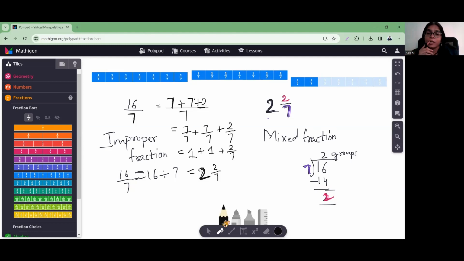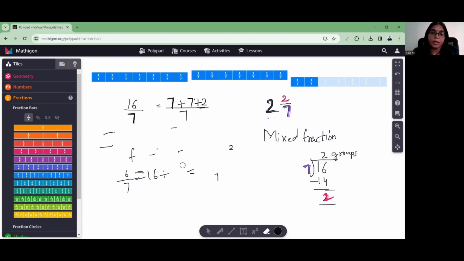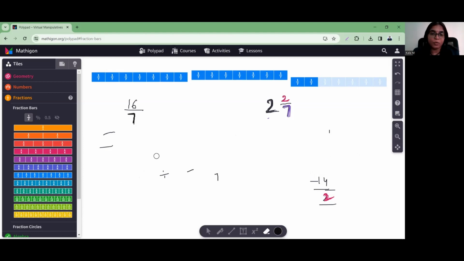Now, for improper fraction to mixed fraction, we had to divide. Now if I want to get from 2 and 2 sevenths to 16 sevenths, we have to make it the other way.